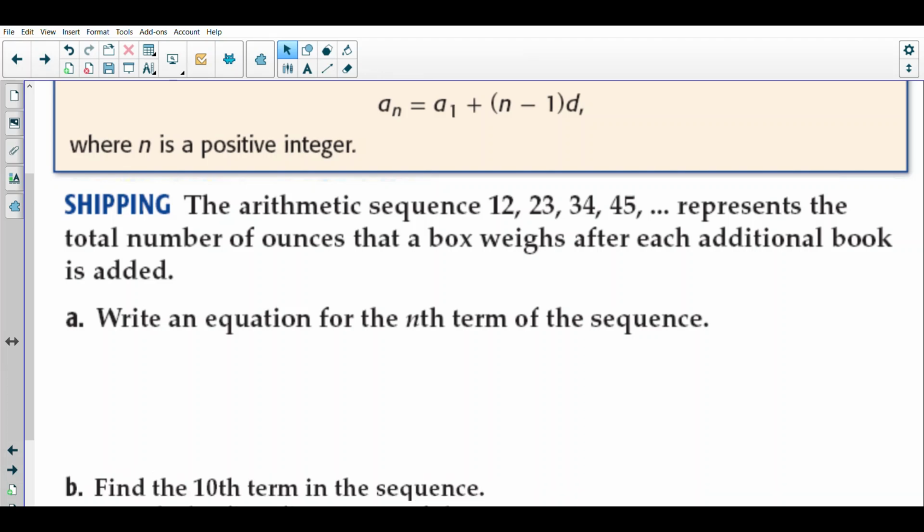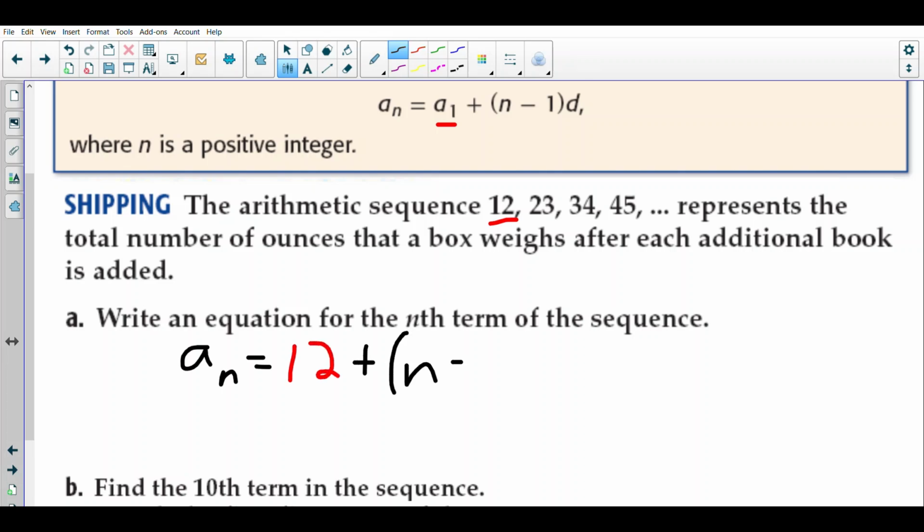We're going to start with our equation. a sub n is equal to the first term, a1, so we write 12 plus, now we don't know what n is, so we go n minus 1, and we can tell our common difference is 11. So we're going to multiply that by 11. And then we're just going to simplify.